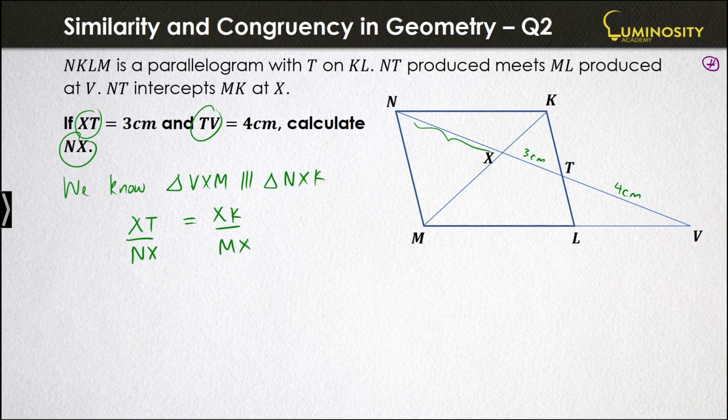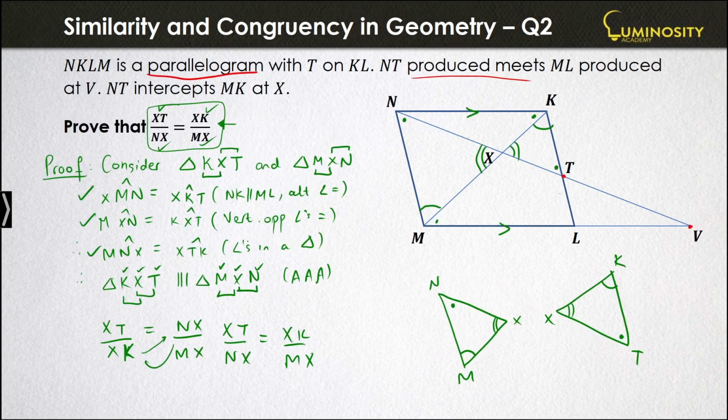So where do I get this from? Okay, so if I come back here, the very first question I was asked to prove was this exact expression here, XT over NX is XK over MX. So I took that. Whenever you're given a question and they've asked you to prove something, it's usually going to be used later on somewhere.